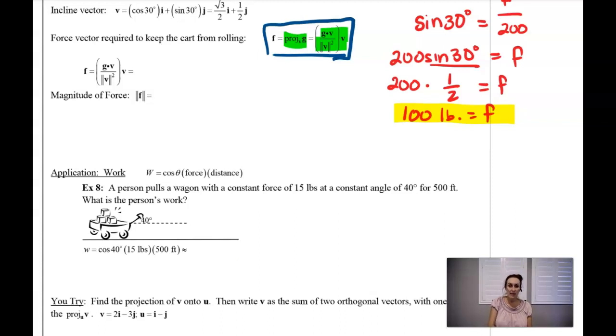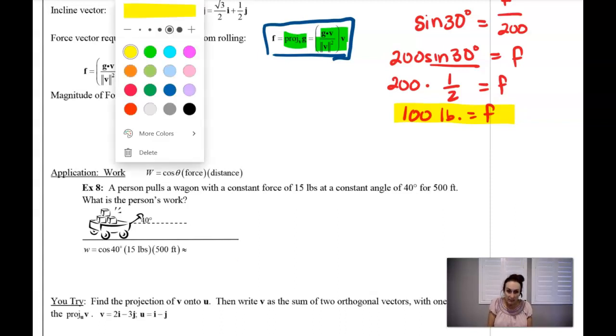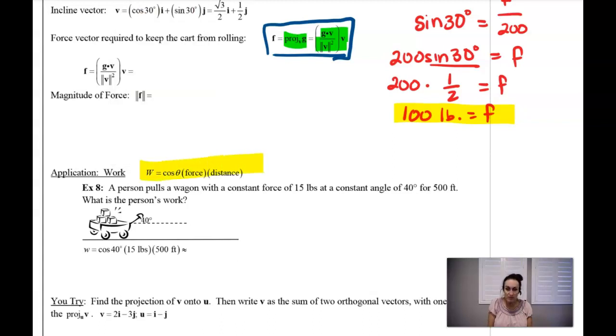So looking at that, you're simply going to just use this work formula, which is really, really easy to use. So the work is going to equal the cosine of the angle. So you can see it's right here. So you would do the cosine of 40 degrees, and that is not special, so I'd throw it in my calculator.